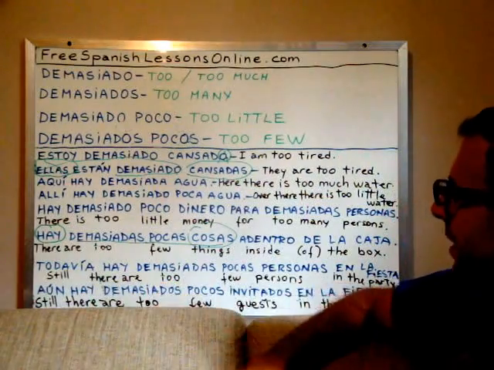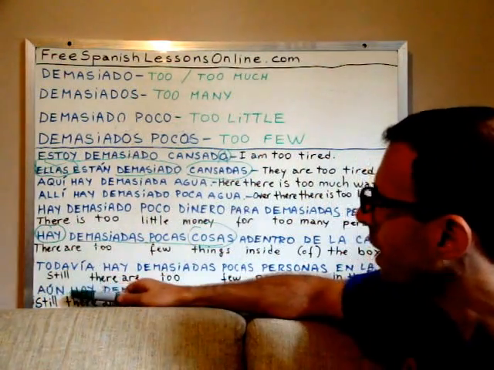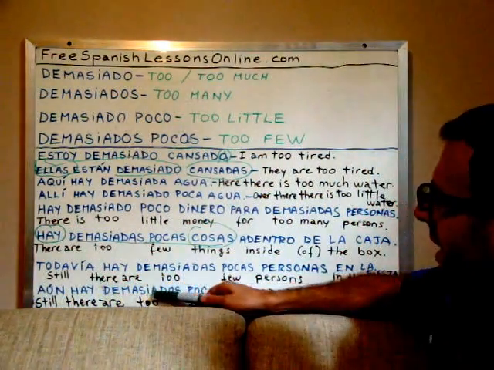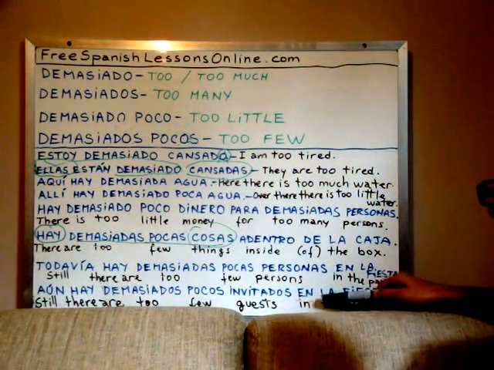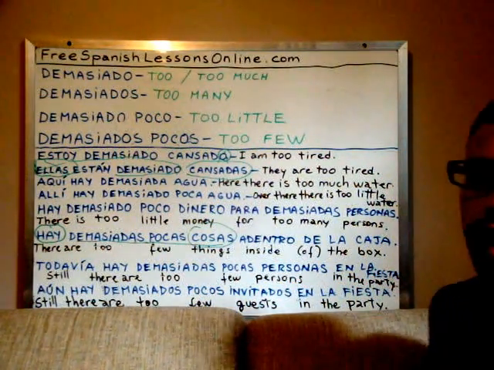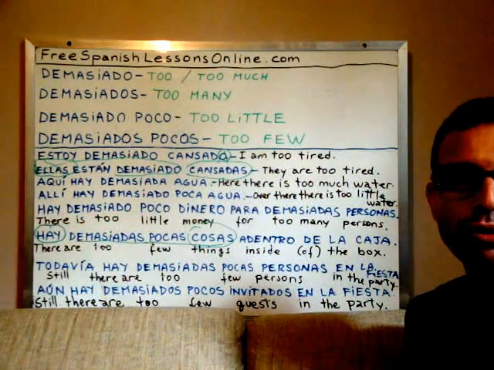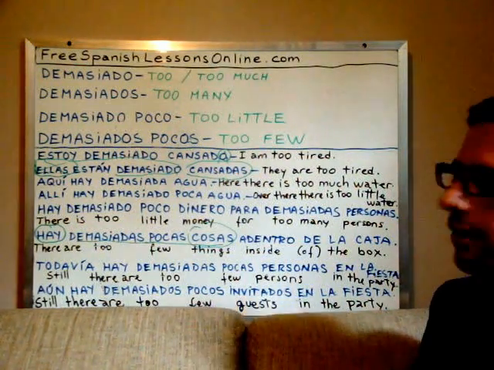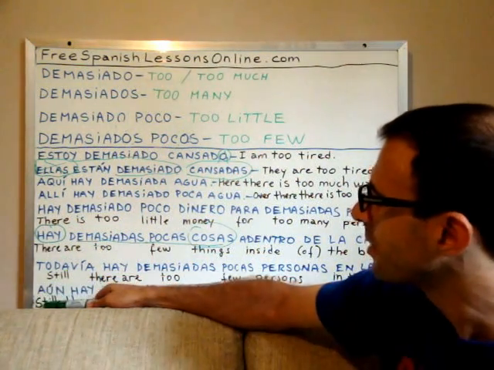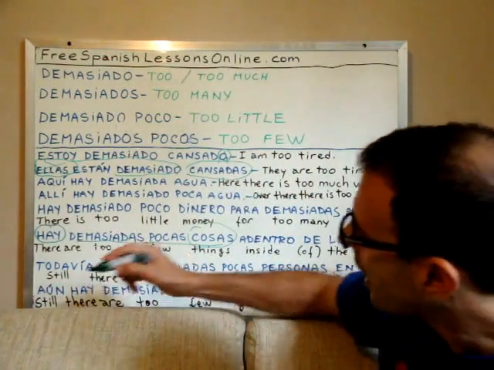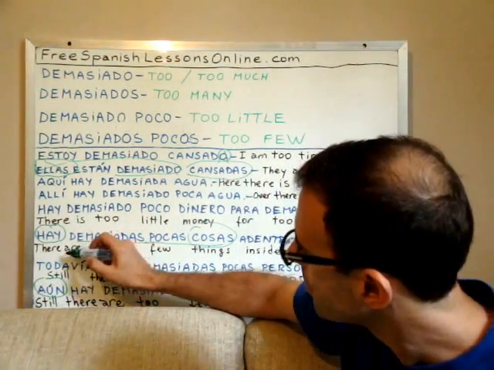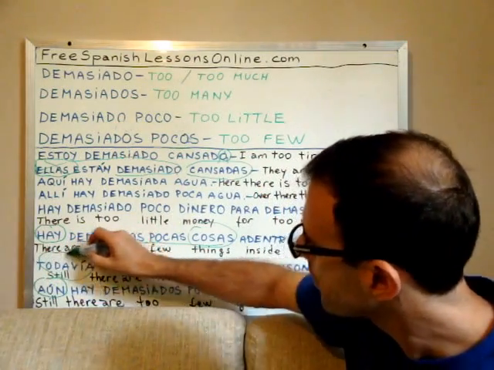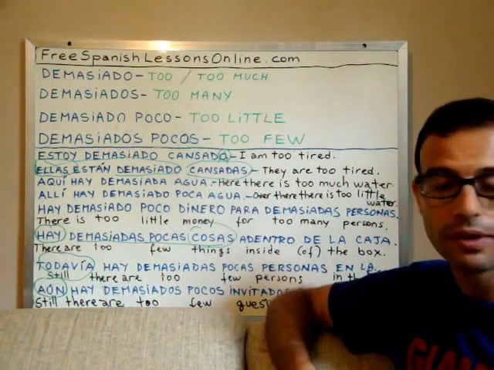And our last sentence, aún hay demasiados pocos invitados en la fiesta. This means still. So, as you can see, aún with a tilde on the U and todavía, these are synonyms, right?